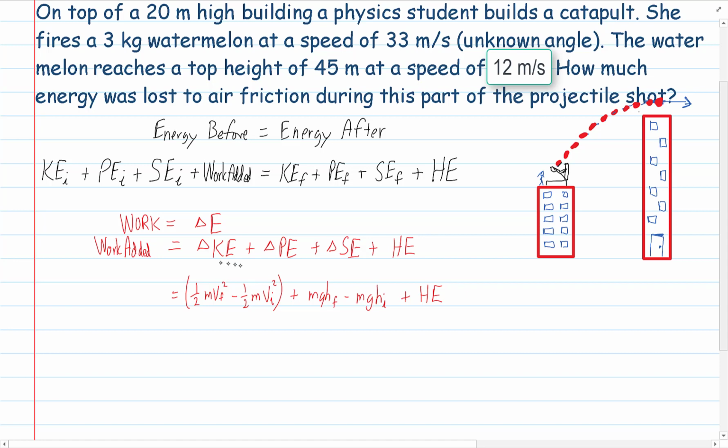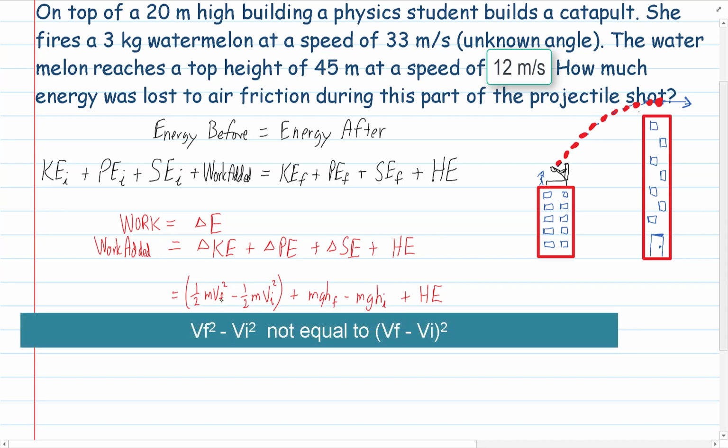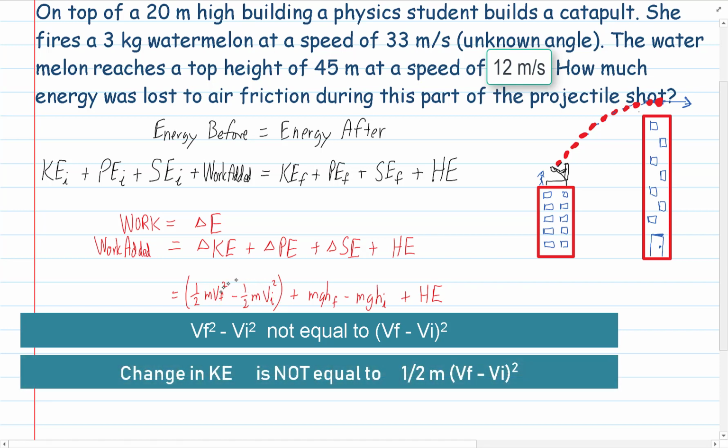So we have the change in kinetic energy, which is kinetic energy final minus kinetic energy initial. Now please don't reduce this down to 1/2 m and then in brackets Vf minus Vi all squared. It isn't. This is going to be a difference of squares. And I'll come back to that.